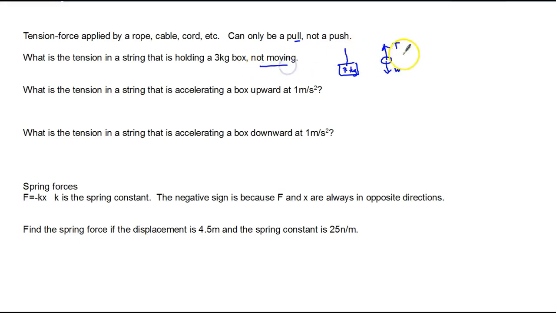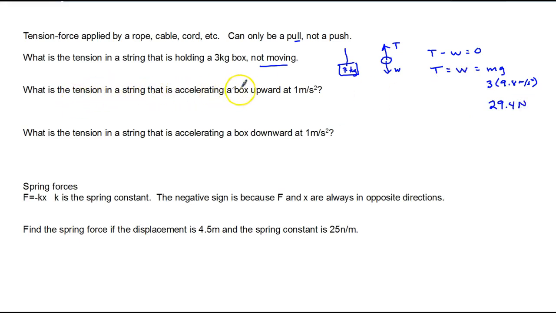And if it's not moving, it's also not accelerating. And that says tension minus weight equals 0. And so the tension equals the weight, and that equals mg. So 3 times 9.8 meters per second squared equals 29.4 newtons.